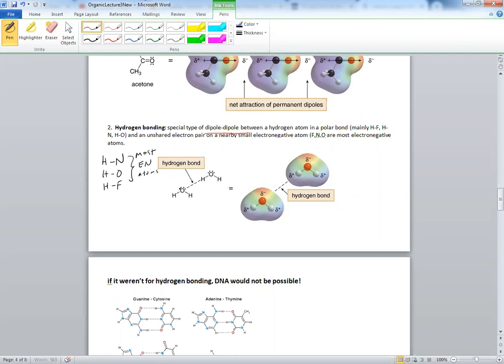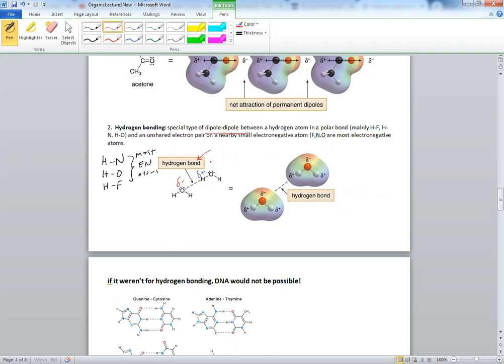So delta plus is on H, and the delta minus of the other molecule is on O. So you see the interaction between them. Now, the word bond is really confusing, because you might think that this is like the covalent bond, but it's not.